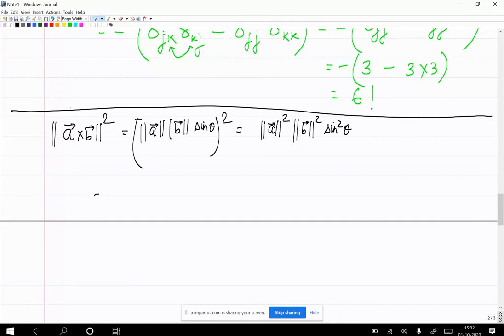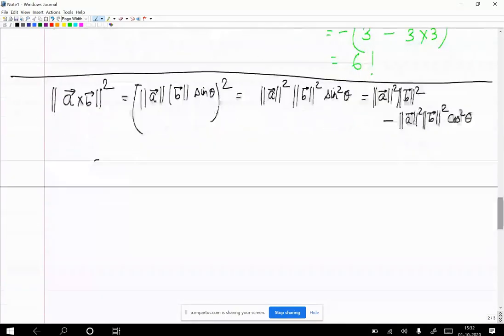And sine square theta is the same as 1 minus cos square theta. So this is equal to magnitude of A whole square into magnitude of B whole square minus magnitude of A whole square into magnitude of B whole square into cos square theta. Right? Are you with me?